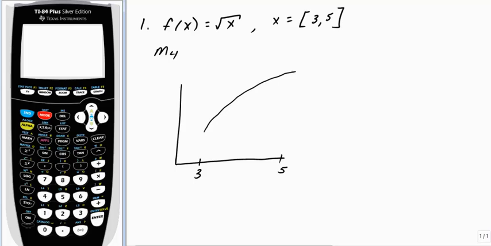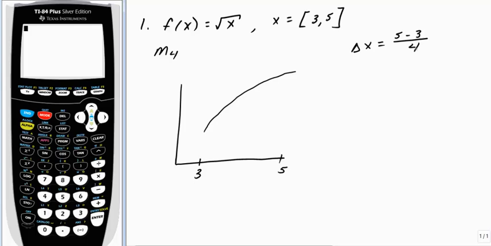I'm supposed to find the area under the curve. So if I use an M4 approximation, I'm going to have to separate this region up into 4 rectangles. The width of each of those rectangles is called delta x. Delta x by formula is always the end point 5 minus the beginning point 3 in this case, divided by the number of rectangles you need.